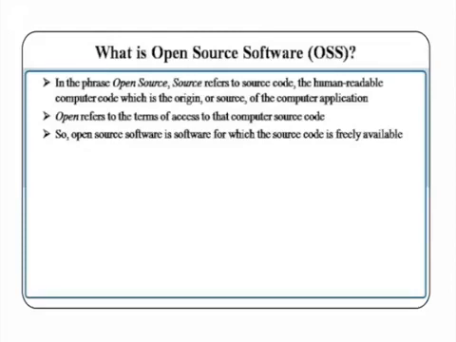Open source software refers to the source code, that is human readable computer code, which is in its original form or source for a computer application. And open refers to access to the computer source code. That means we can access the source code in which a program is written. Generally, when we take any software, we get the compiled program or object code or executable code, which cannot be read to understand what exactly the software is doing, except the manual which says about the software.